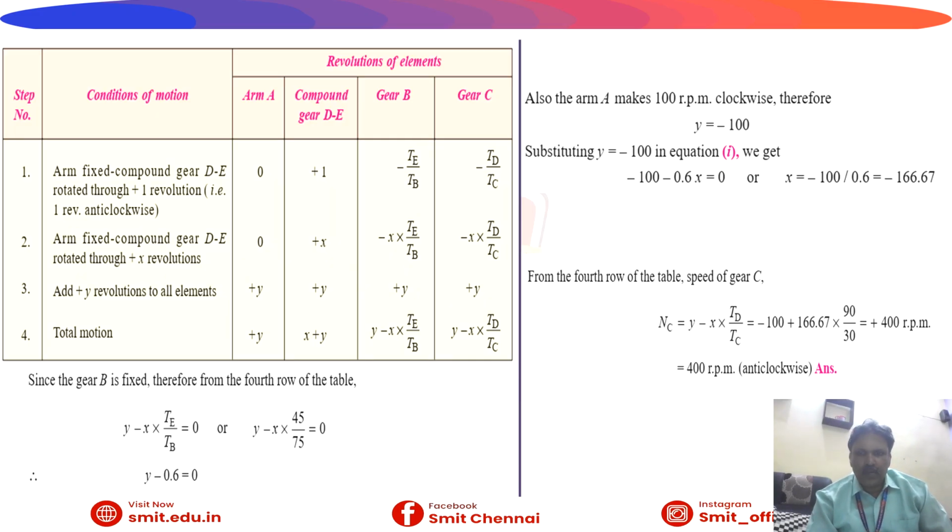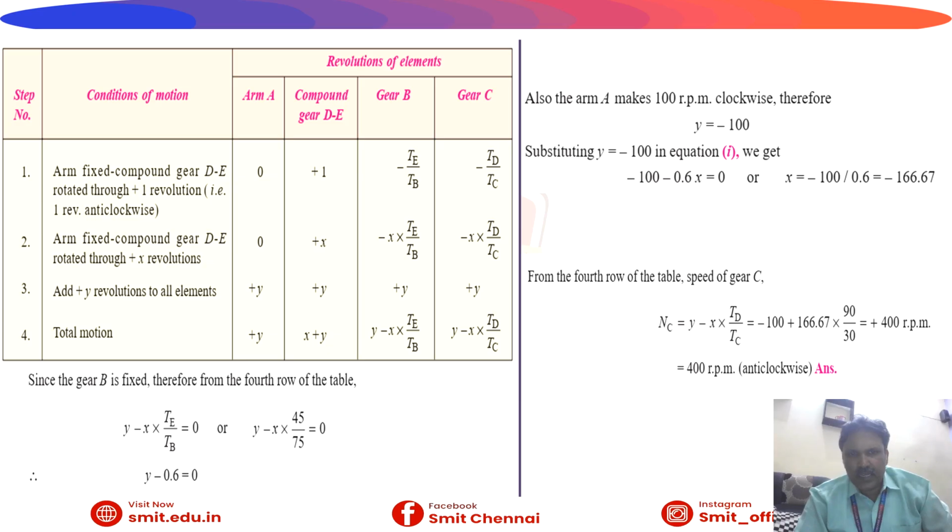Now we use the tabular column I discussed in the previous problem. The first assumption is that the arm is fixed and the compound gear DE rotates plus 1 revolution. That's why arm A is 0 and compound gear DE is plus 1. Gear B: the transmission takes place from E to B, therefore minus, since both rotate in opposite directions. Then gear C is the same: from gear D to gear C, opposite direction, so minus.